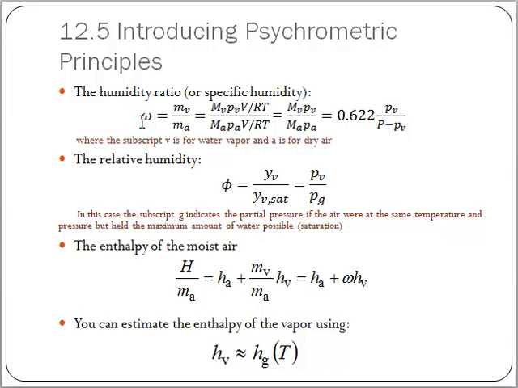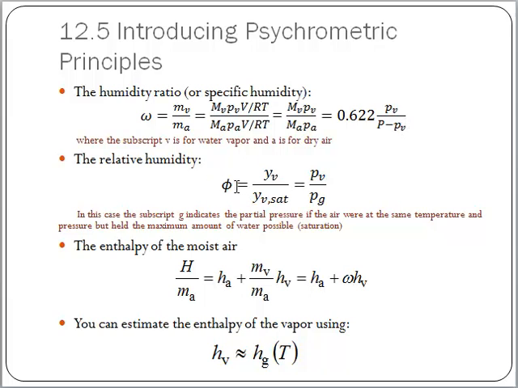If you relate this to ideal gases, then we can estimate it using 0.622, which is really just the ratio of the molecular mass of water divided by the molecular mass of air, times the partial pressure of the water over the total pressure minus the partial pressure of the water. This would be the partial pressure of the air, in fact, in a binary mixture.